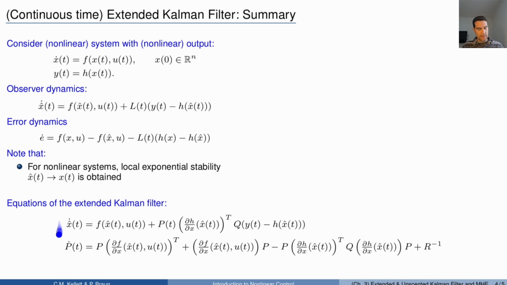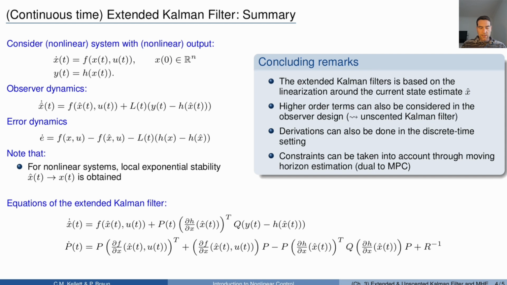So this allows us then to simulate these equations, and using the output information here, allows us then to get an estimate of the state x. So here, this was one possible derivation of the extended Kalman filter in the continuous time setting, in the deterministic setting, based on the linearization around the current state estimate x hat.